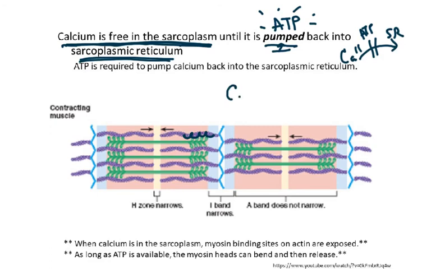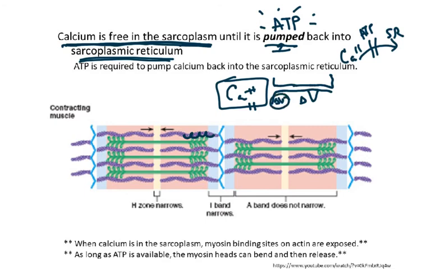Calcium is sequestered in the sarcoplasmic reticulum membrane until a voltage change travels along the membrane and up the T-tubules, and we get this voltage change right next to the sarcoplasmic reticulum membrane. On the sarcoplasmic reticulum membrane are these voltage-gated calcium channels.